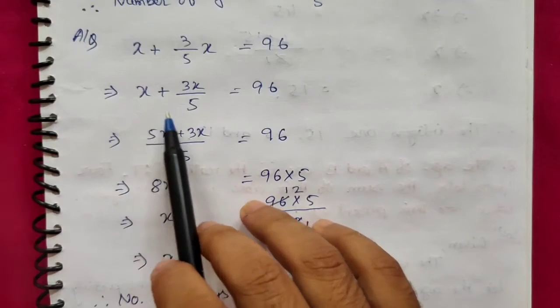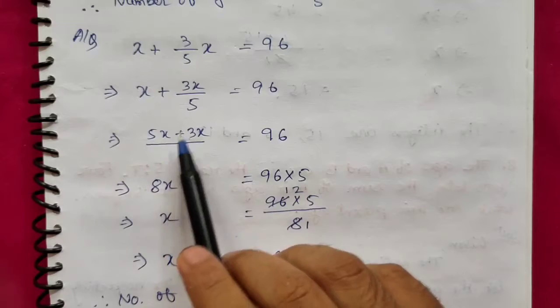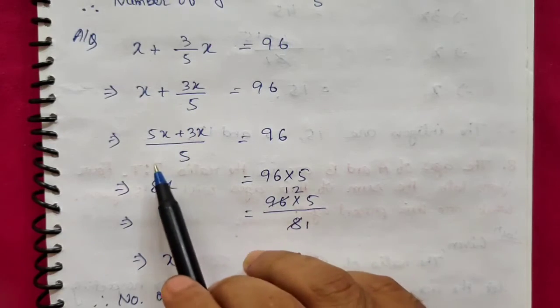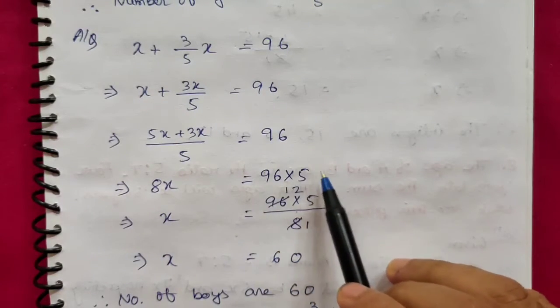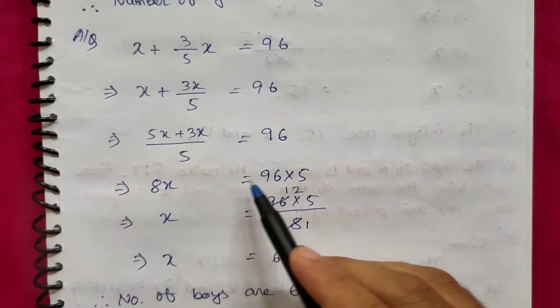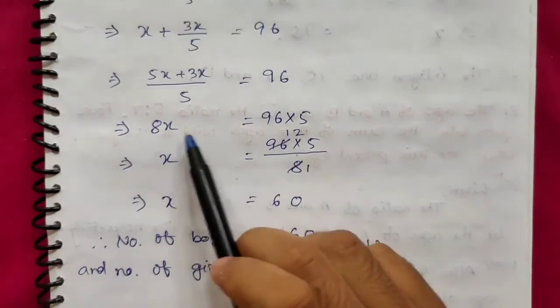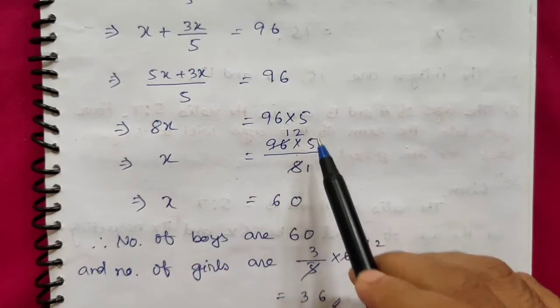There is 1, right? So 5 divided by 1 is 5. That means 5x plus 3x by 5 equals 96. Here 5 is divided, so when we change the side it will be multiplied, right? So 8x equals 96 into 5.